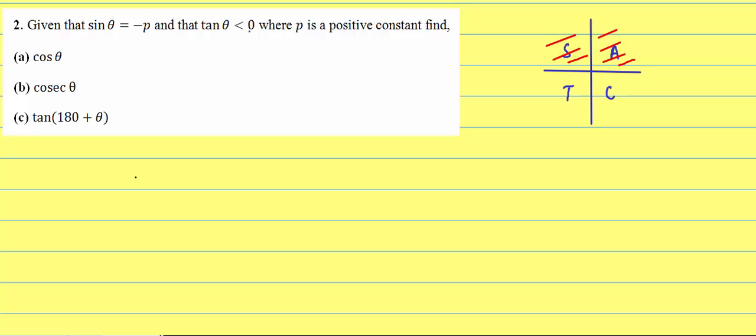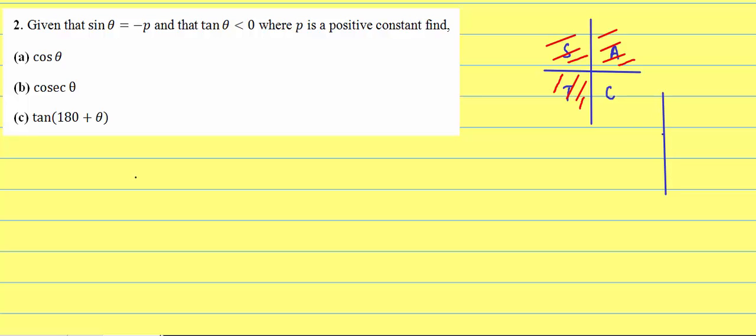If a number is less than 0 in the real number space, that number is going to be negative. So we are saying tan theta must be negative and sine theta must also be negative. Here tan theta is positive, so this quadrant has to be disqualified as well. That leaves us with only the fourth quadrant as the location of theta.